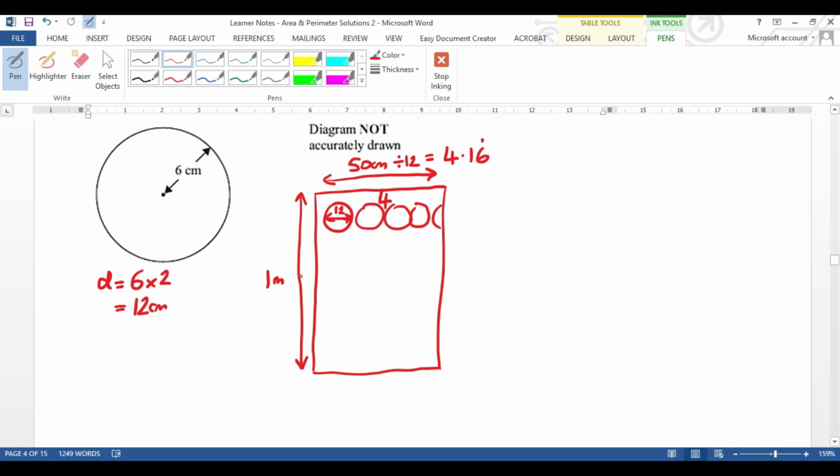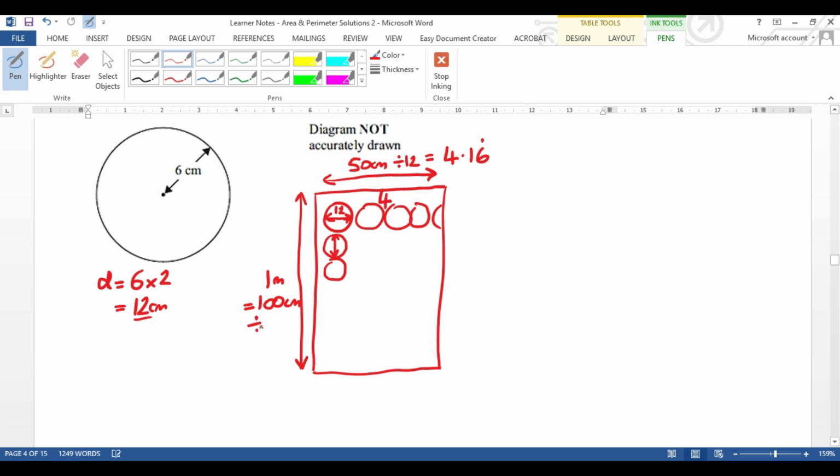Okay. And then do the same going down the plastic sheet. Obviously this was in meters. Let's change that to centimeters. 100 centimeters is 1 meter. And again, you're going to check how many CDs can go this way. And remember that the length from end to end is the same as what we said before, which was 12.